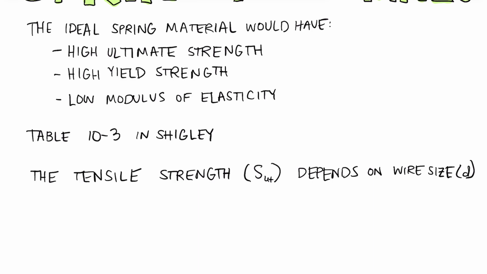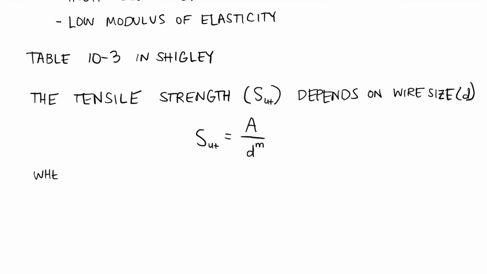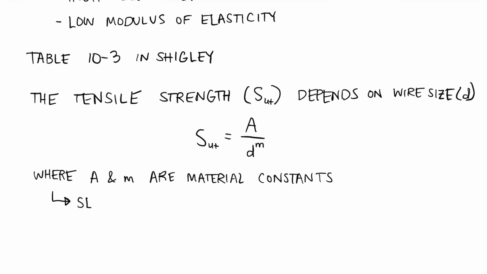And our equation that relates those two variables is SUT equals capital A divided by wire size to the m power, where A and m are material constants, meaning that they vary depending on your material, which you can find in Table 10-4 for some common spring material types.